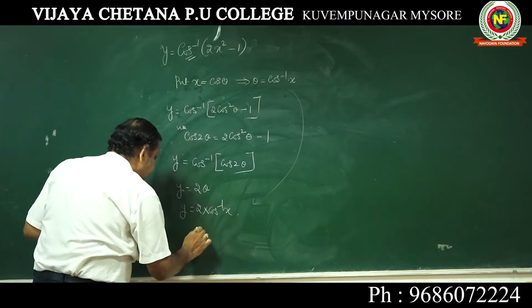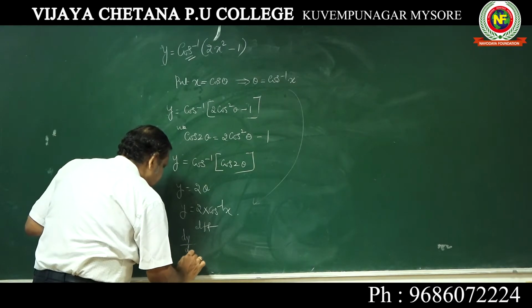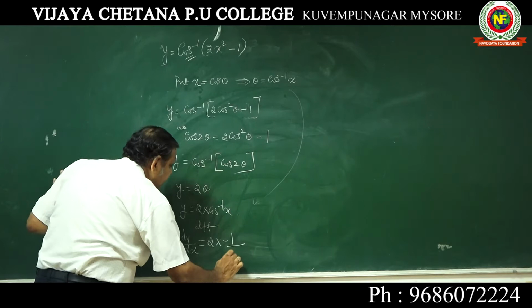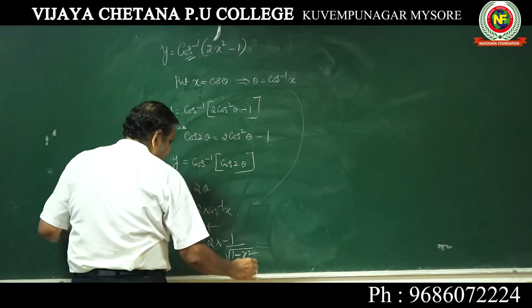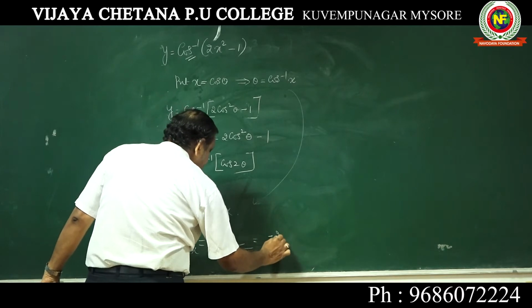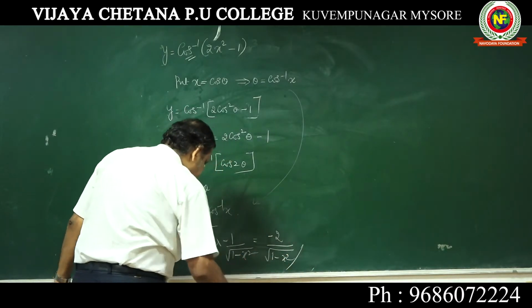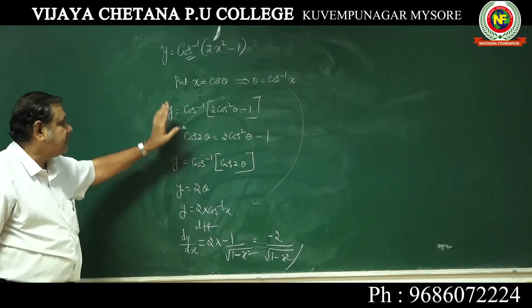Now differentiate. dy by dx is equal to 2 into minus, because cos inverse x starts with c, it is minus 1 over root of 1 minus x square. This is the answer. So dy by dx is equal to minus 2 over root of 1 minus x square.